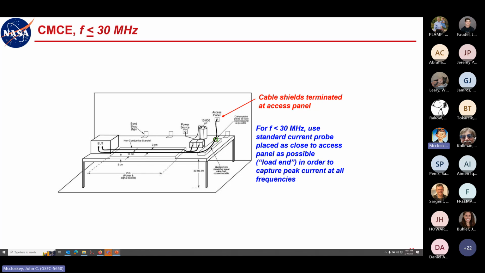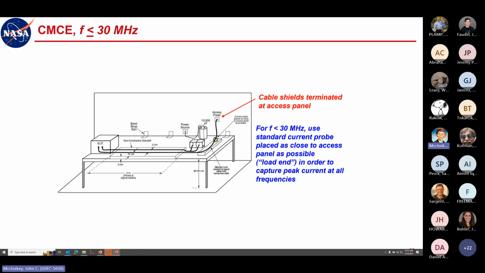Well, 461 doesn't specify a common mode measurement. It only specifies the differential mode measurement. This common mode measurement is in GEVs. That's what I'm talking about. Okay, but I think they specify 5 centimeters for differential mode.